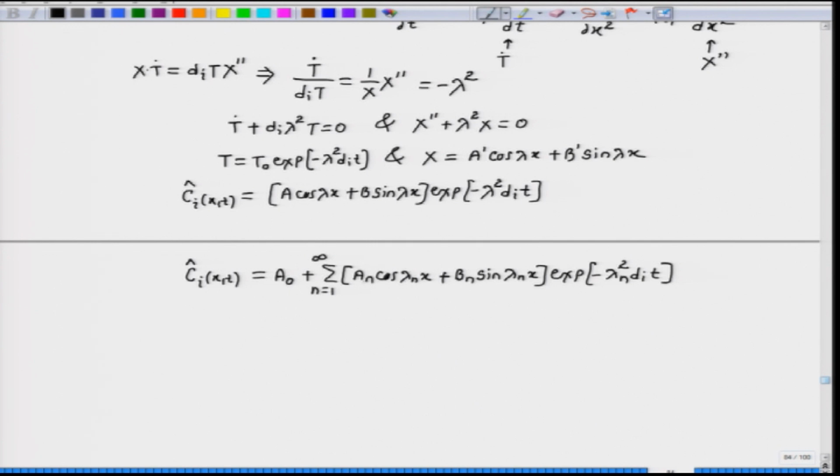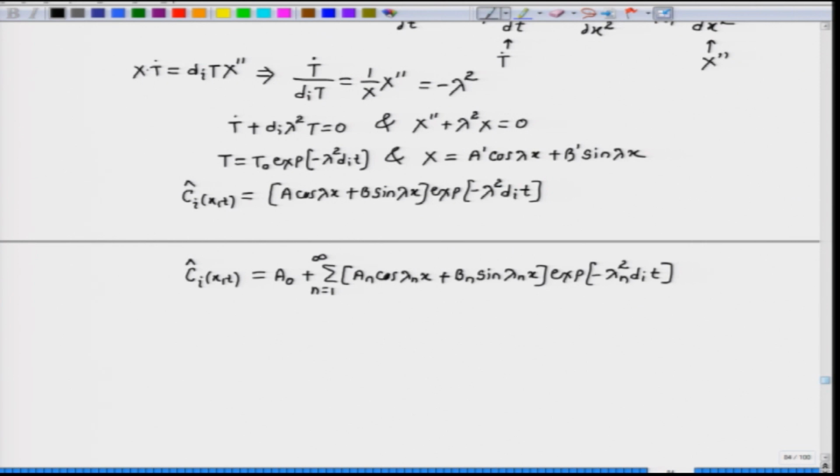This a0 is basically the value of an when λn equals 0.